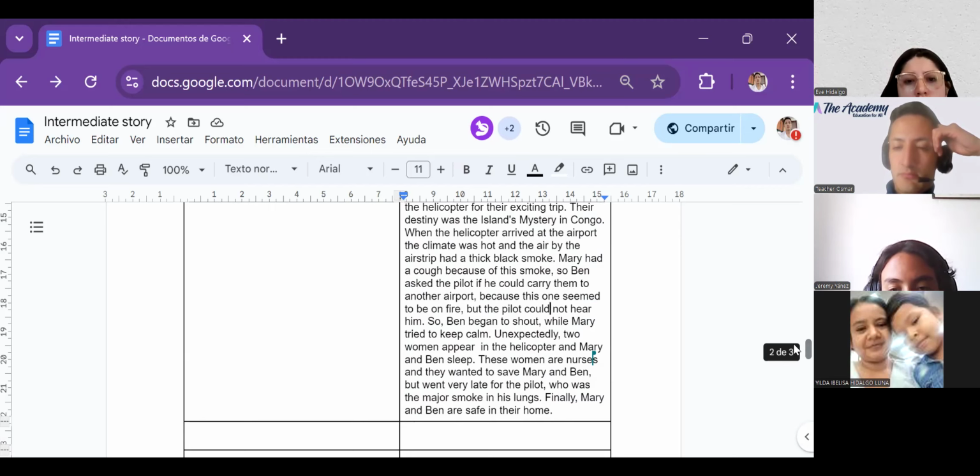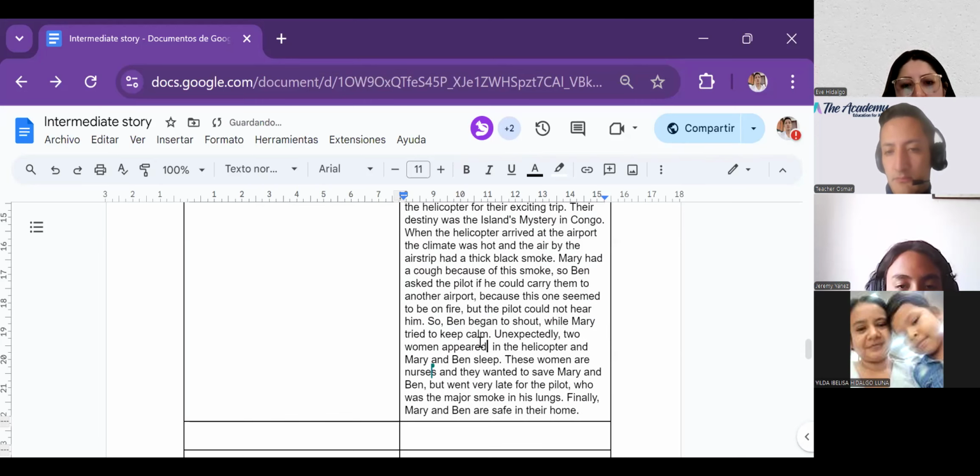But the pilot couldn't hear him. So Ben began to shout while Mary tried to keep calm. And unexpectedly, two women appeared in the helicopter and Mary and Ben fell asleep.